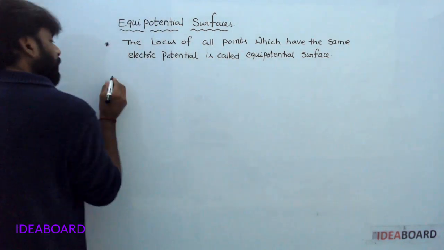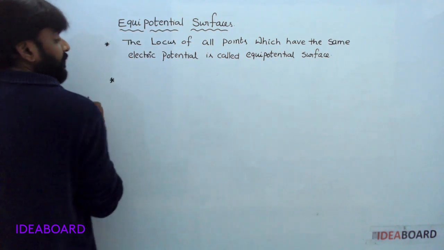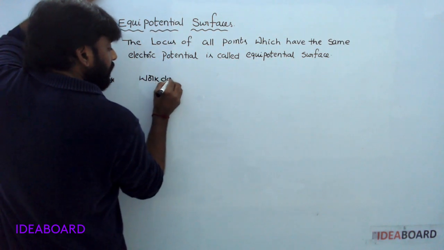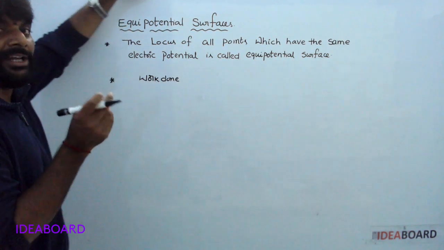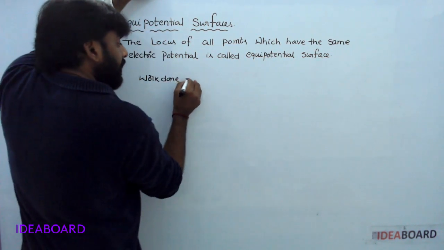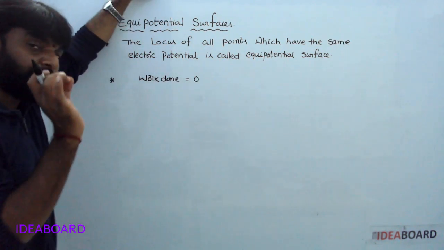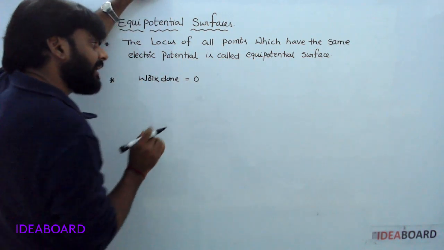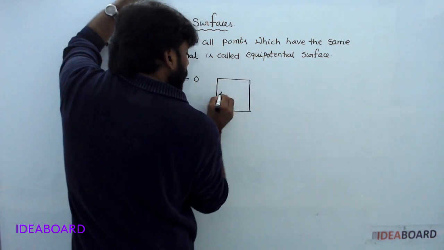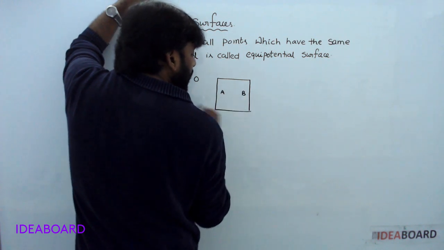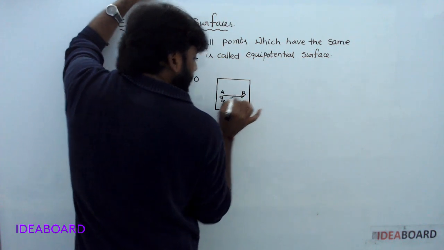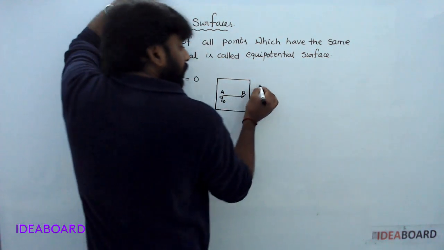Some important properties. First, work done to move a charge on an equipotential surface is 0. Why? Here is the equipotential surface, point A and point B. One charged particle moves from A to B. What is the general formula for work done?